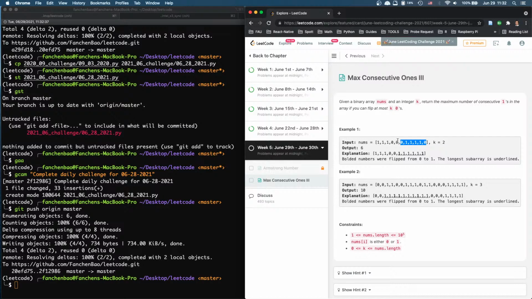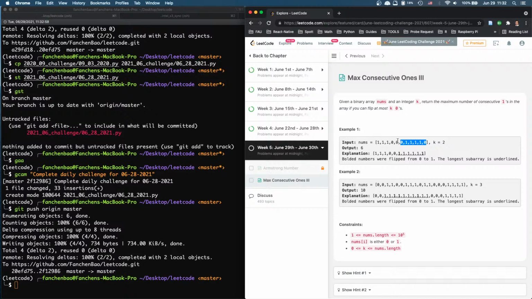It doesn't really matter. So k equals 2 or k equals 1.